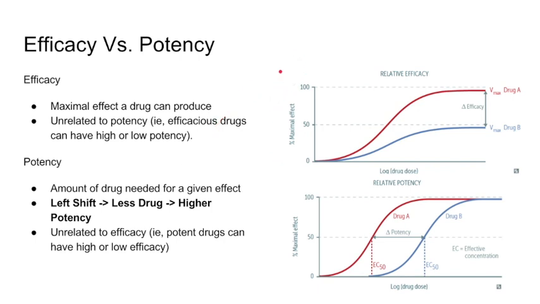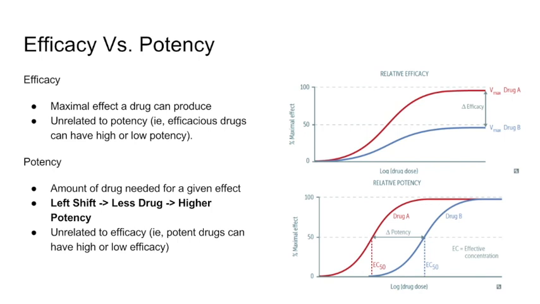The more efficacious drug produces a greater effect. So for example, as we talked about before in blood pressure, maybe drug B can only reduce a patient's blood pressure by 10 millimeters of mercury, whereas drug A can reduce the patient's blood pressure by 20.